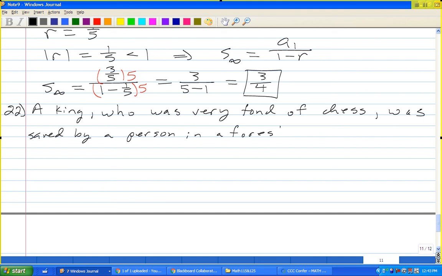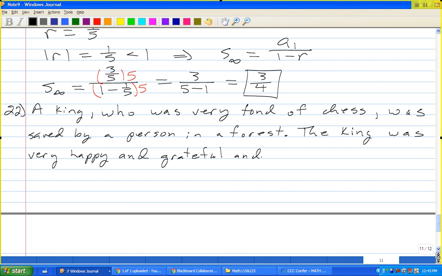Usually in an Arabic tale, it's the tale about the first person who made this game of chess. If so, the king was very happy and grateful and asked him for a wish.